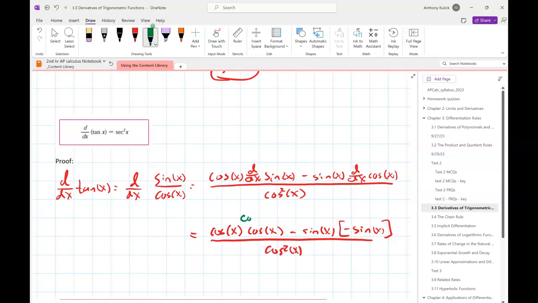And if I look at that numerator, when I multiply it out, that's just 1. 1 over cosine squared is secant squared, and we're done. That was a little bit easier than having to use the definition of a derivative. Now, you could have done that, but wowzers, I bet it gets ugly. So the derivative of tan is secant squared.